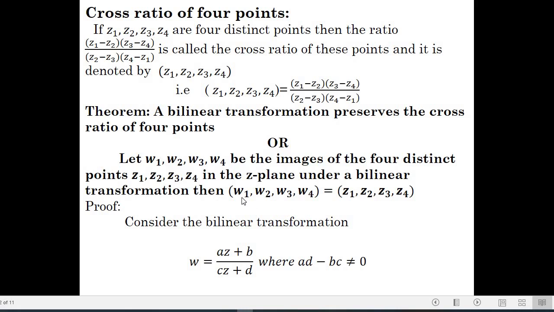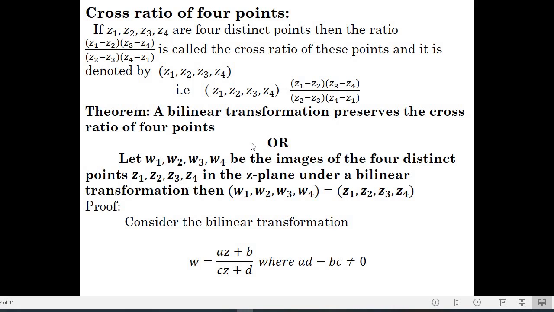Then W1, W2, W3, W4, that is cross ratio of 4 points in W plane, is equal to the corresponding cross ratio of 4 points in Z plane.